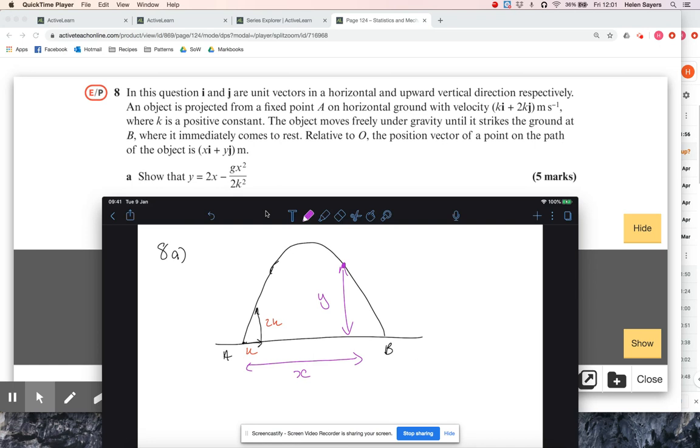Right, so show that y equals, and then we've got y as a function of x. So x and y are its position vector components, so that's what I'm looking at.